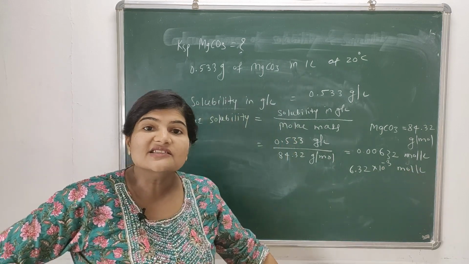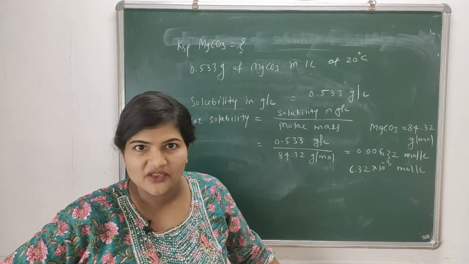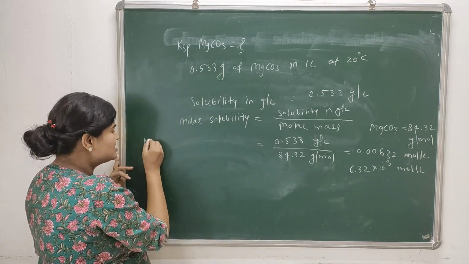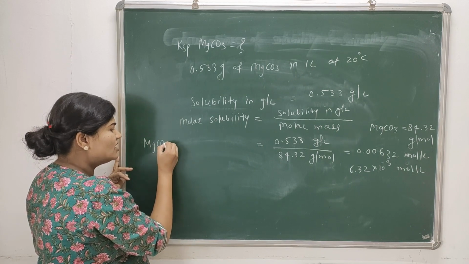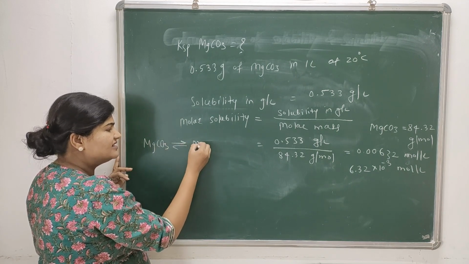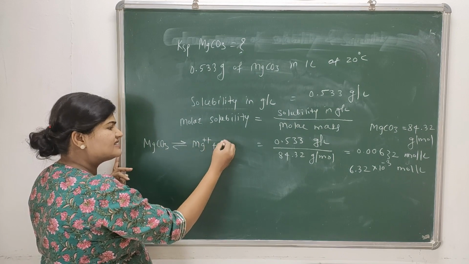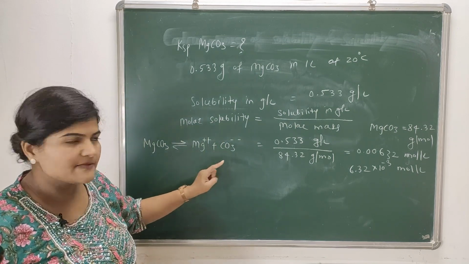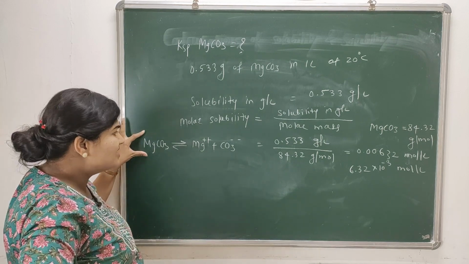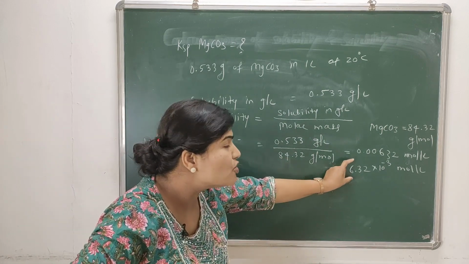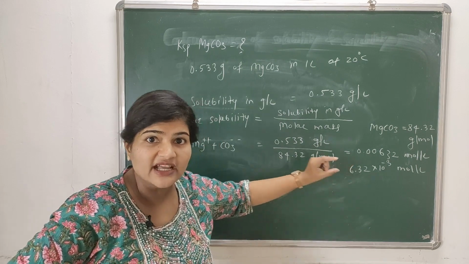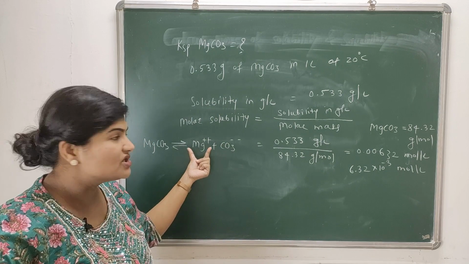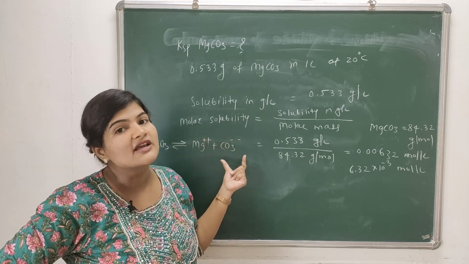Now what is this molar solubility telling me? I have magnesium carbonate. When I dissolve it, it gives me Mg++ ions and CO3-- ions, magnesium ions and carbonate ions. Whenever I dissolve this many moles of magnesium carbonate, it yields the same number of moles of magnesium and the same number of moles of carbonate ions.